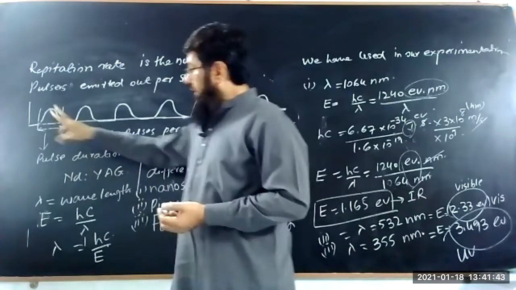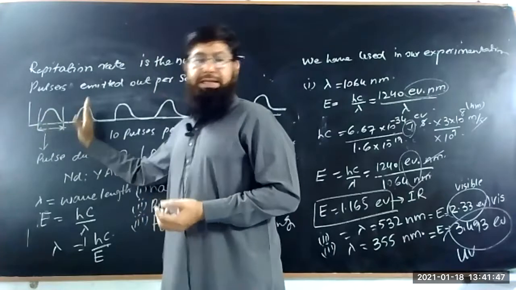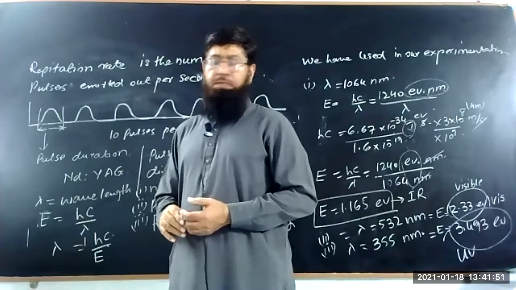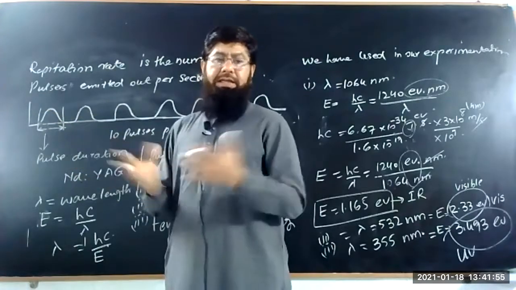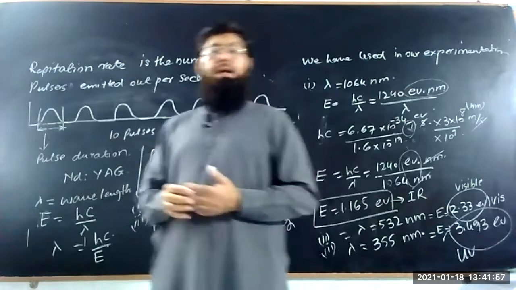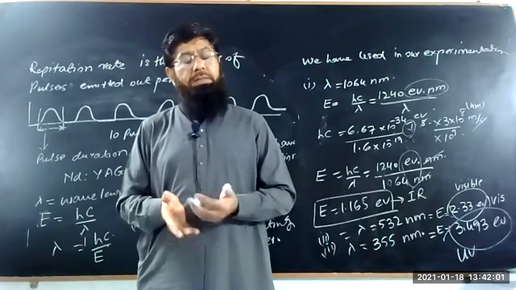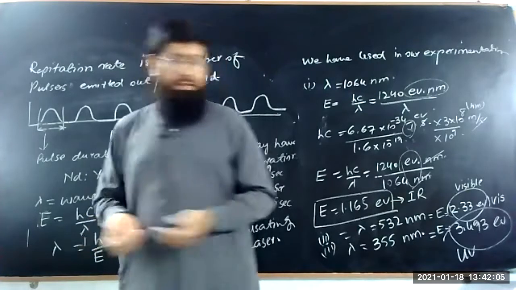When this laser hits the target, it evaporates the target. Clear? This laser-metal interaction depends upon the properties of the laser and the properties of the material. How? Let us discuss it.